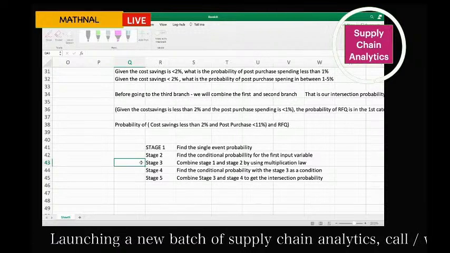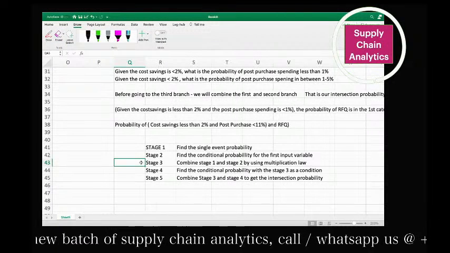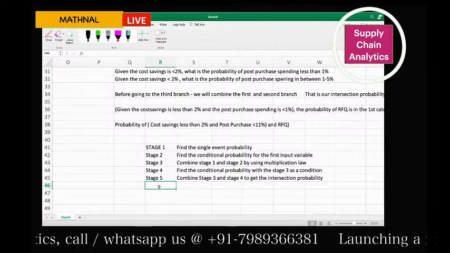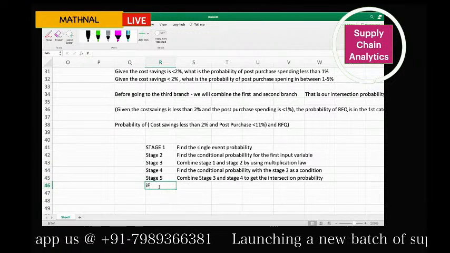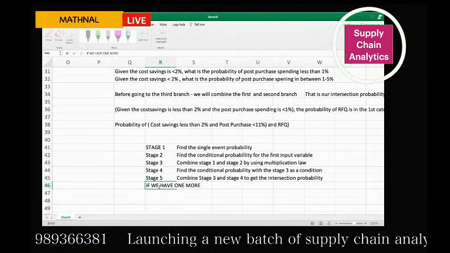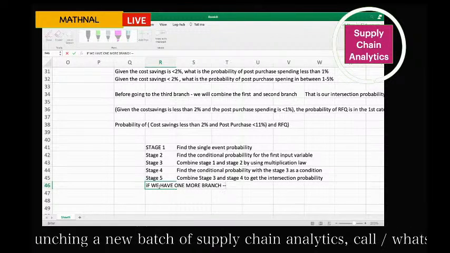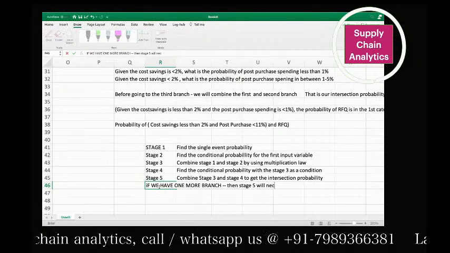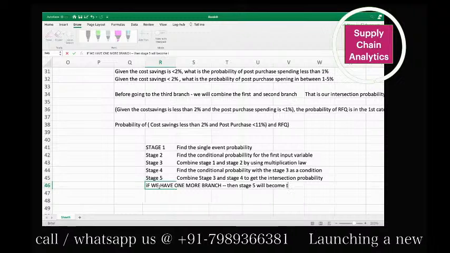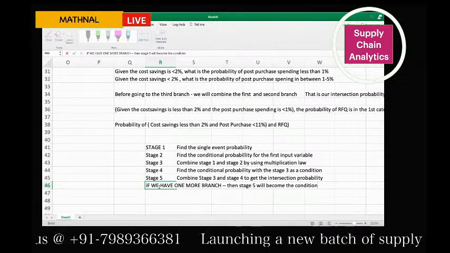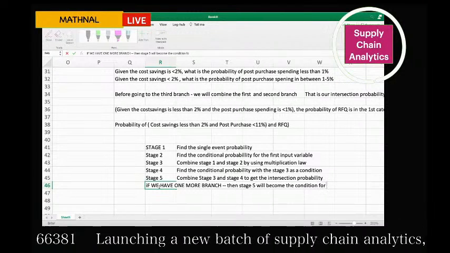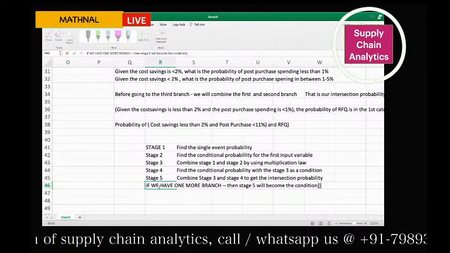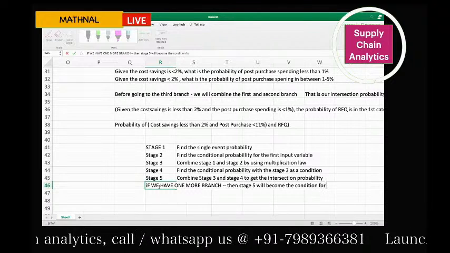So this is how. Suppose if you have one more branch, then stage 5 will become the condition for the next branch.